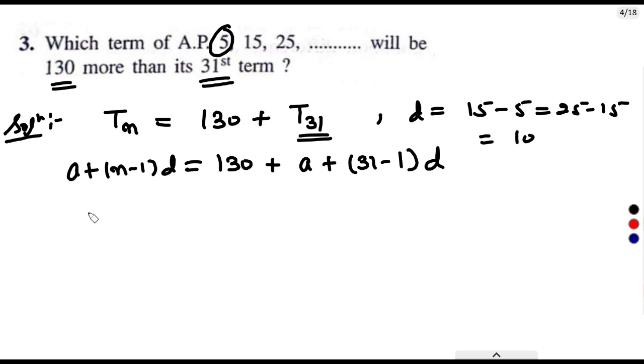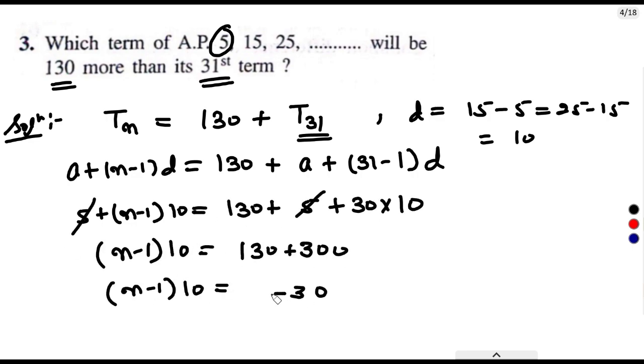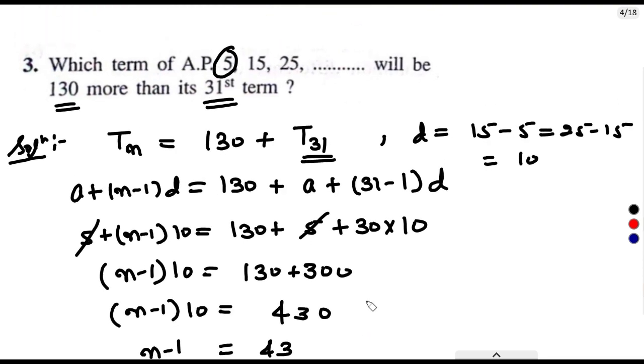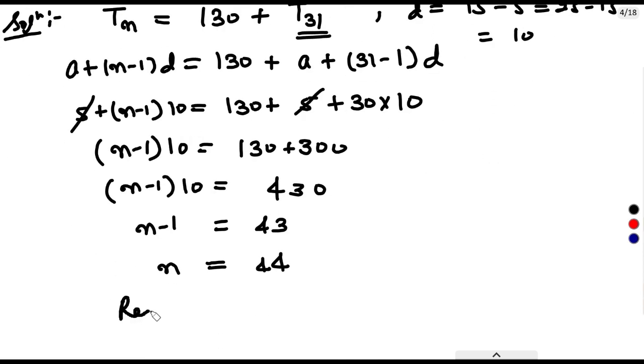So put the values. N minus 1 is equal to 43, n is equal to 44. It means 44th term of this series will be 130 more than its 31st term. Required term is 44th term.